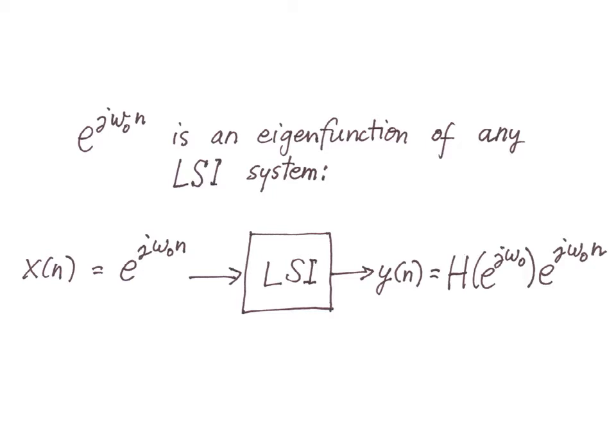And as an aside, I'd like to mention that the e to the j omega naught n sequence, where omega naught is a constant, is an eigenfunction of any linear shift invariant system. That is to say, when it is applied as the input sequence, the output sequence is the same thing, scaled by a complex, perhaps, constant.